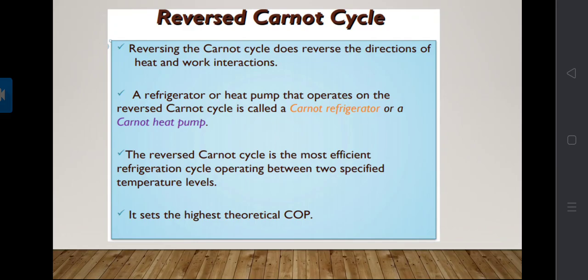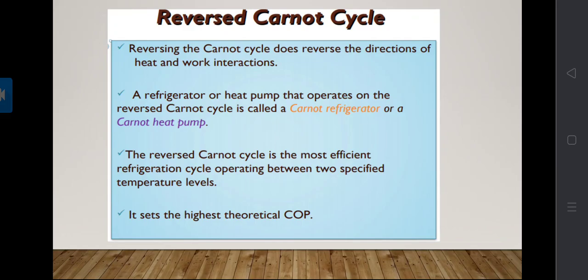In a machine working on reverse Carnot cycle that acts as a refrigerator, and if it's driven by power from an external source, it would be theoretically most efficient. Reversing the Carnot cycle reverses the direction of heat and work interactions.